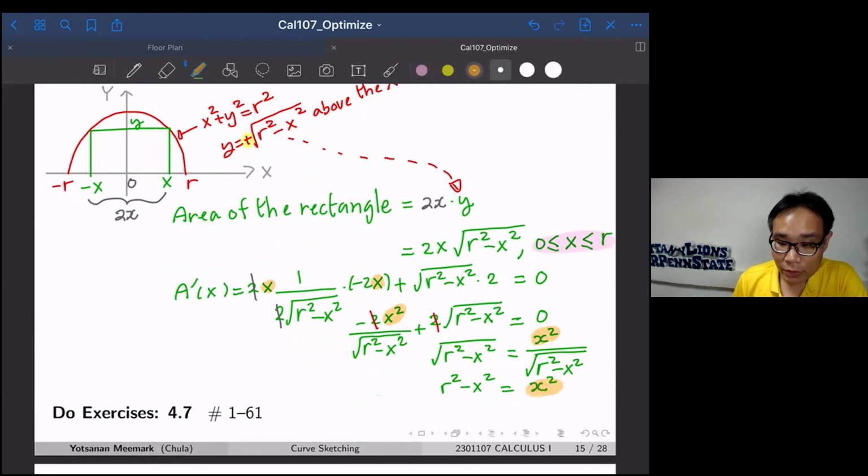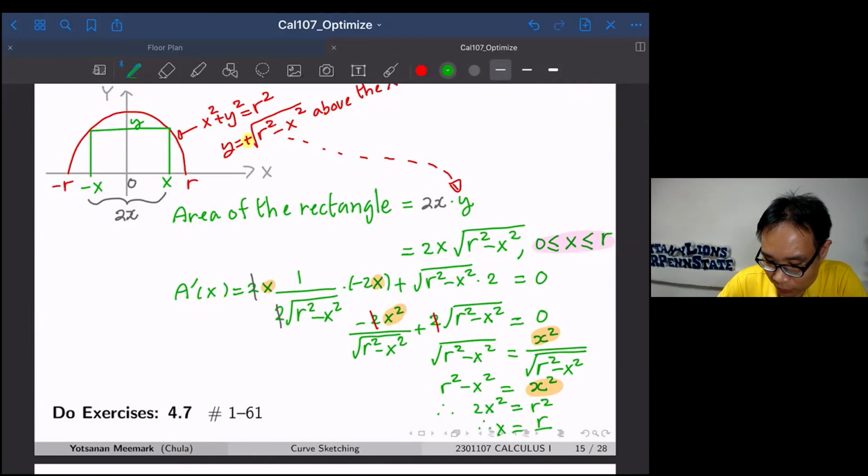So in this case, you have 2x squared equal to r squared. So you take the root on both sides, and you get x equal to r over root 2.